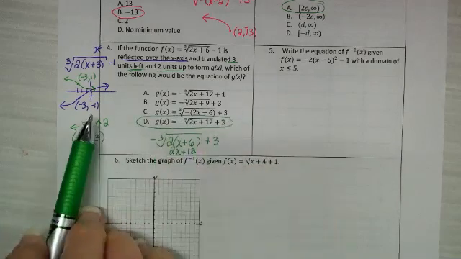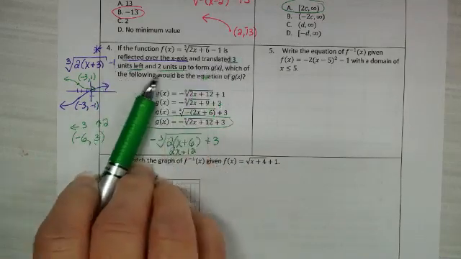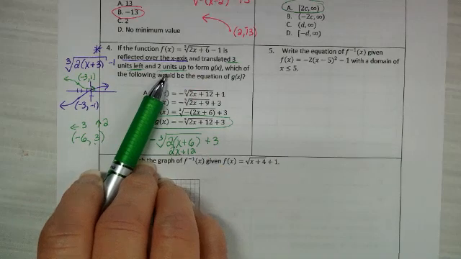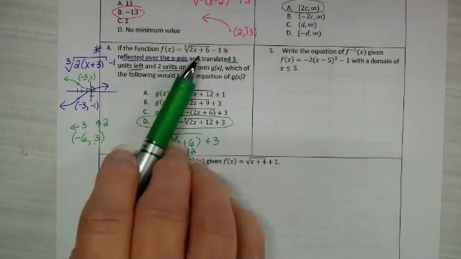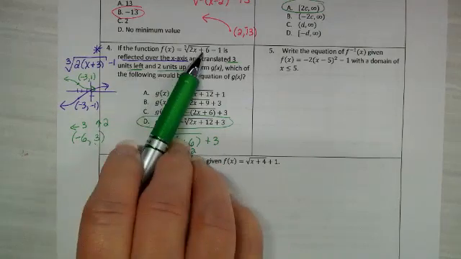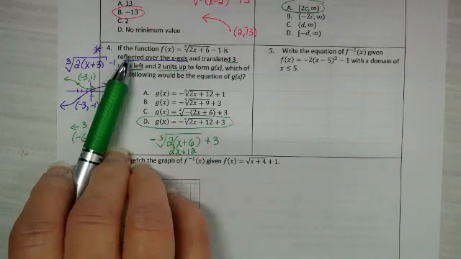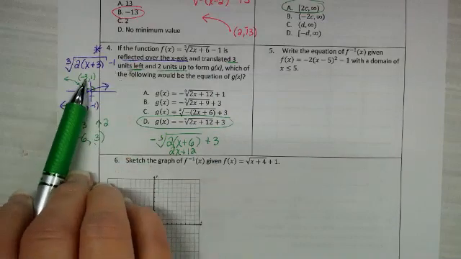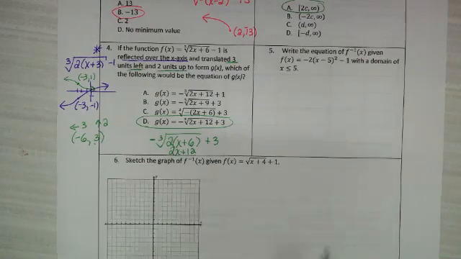So you have to be careful. You reflect it first, and then you make the rest of the transformations. So don't just go, oh, the original equation, 3 left, plus 3, 2 up, plus 2. If you don't account for this reflection first, you don't have the right points to start with. So be very careful there.